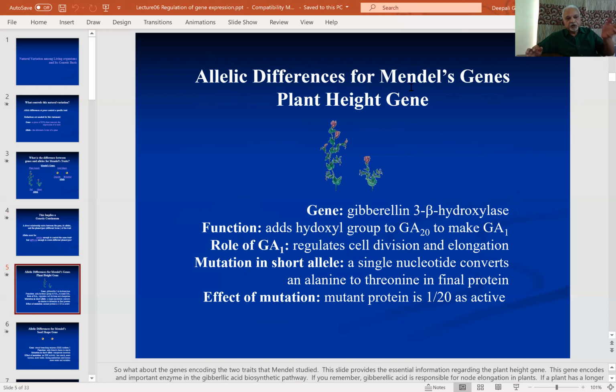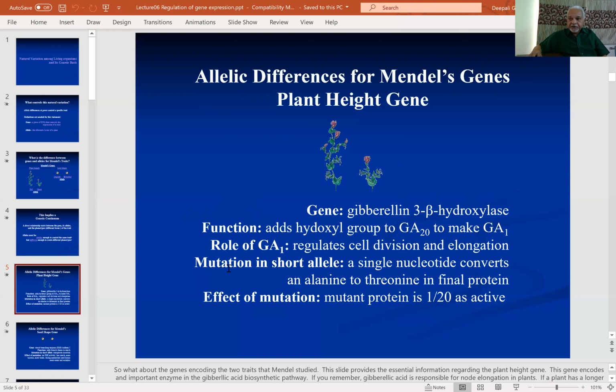And now we know that there is a gene which is responsible for gibberellic acid synthesis, and it is the gibberellin, or plant hormone, which is responsible for cell division and elongation, and in other words, it controls the height. So what we're seeing here is that this gene, gibberellin 3 beta hydroxylase, is responsible for the final synthesis of gibberellic acid, or GA1, which regulates cell elongation and cell division.